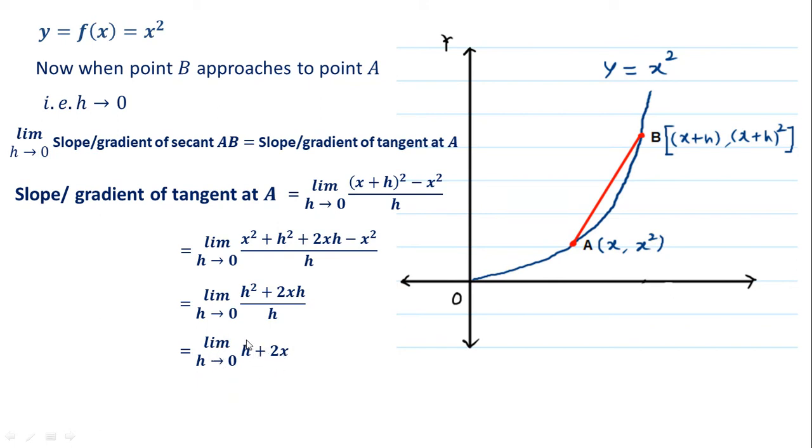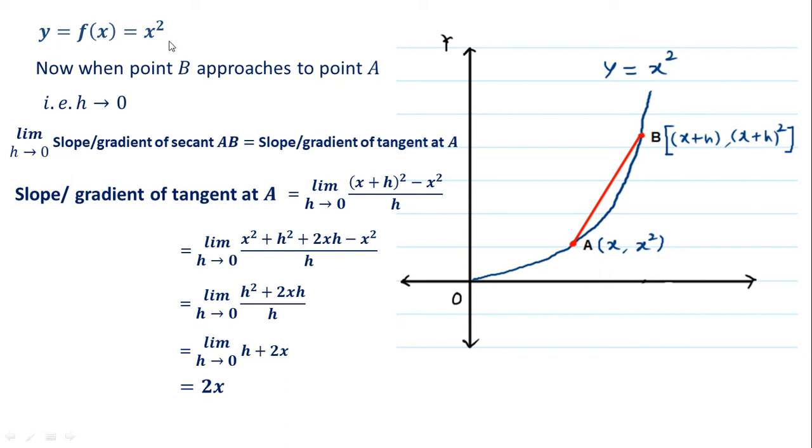Now we have to solve this limit. Here h will get cancelled if you take the common h from the numerator, and hence we get h plus 2x. Now just directly put the value of h as 0, and hence we get 2x.